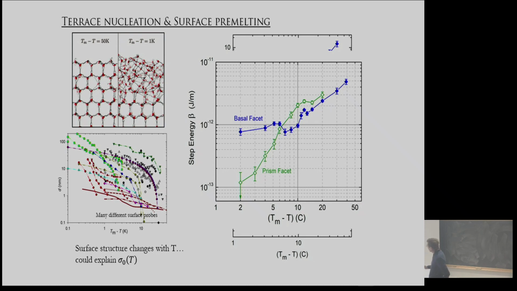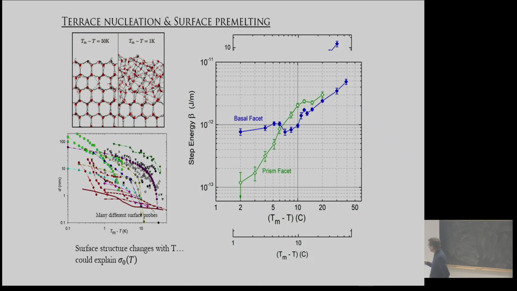Plus, this is every measurement ever made, and some of these are not good measurements, I suspect. So, nevertheless, it is generally accepted there's surface pre-melting in this situation, and that changes the structure of the surface a lot with temperature. Okay, obviously.